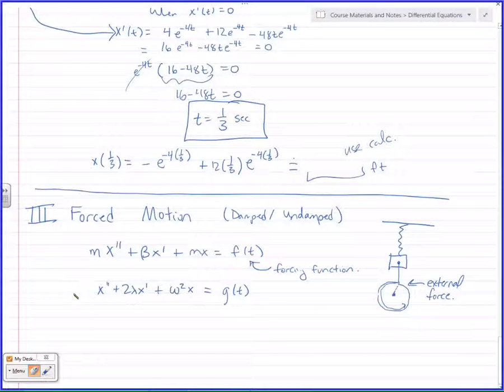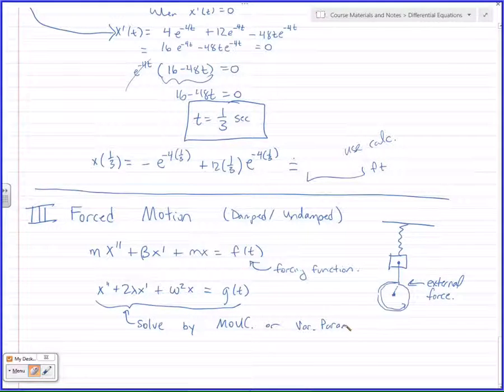But let's say we consider solving this. In practice, the techniques that we have right now are either method of undetermined coefficients or variation of parameters based on what's on the right-hand side. So it's the same type of problem we've solved before.